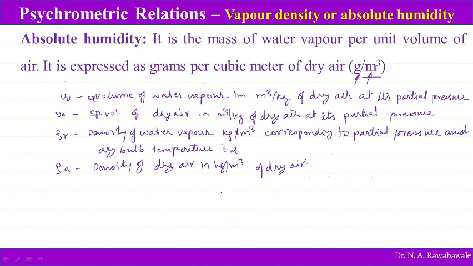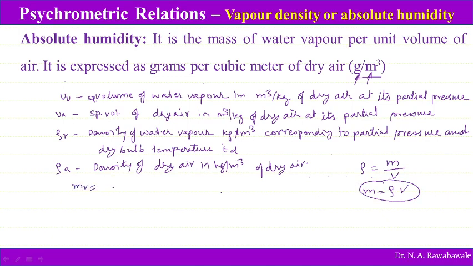Now let us see the definition of density. Rho is equal to mass per unit volume. So in other words, we can write this: mass is equal to density into volume. So from this we can write this as mv for water vapor.